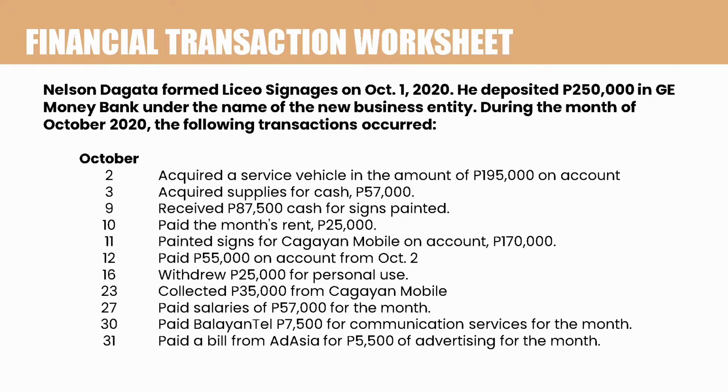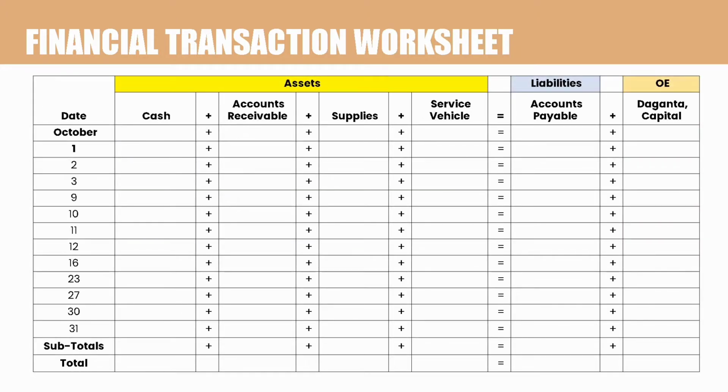So, para mas magkaroon tayo ng idea on how to do or how to create a financial transaction worksheet, here is an example. So here, meron tayong table dito. So this is an example of a financial transaction worksheet. We have here the sections for assets, liabilities, then owner's equity.